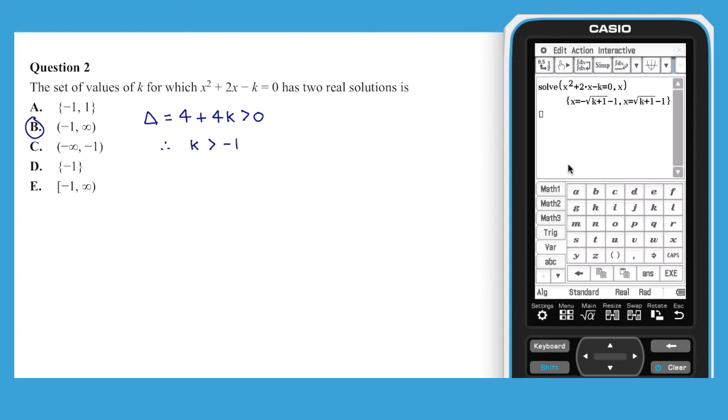The ClassPad provides us with two solutions, but these will only be real and distinct if the radicand, the expression being square rooted, is positive, which is the case when k is greater than -1.